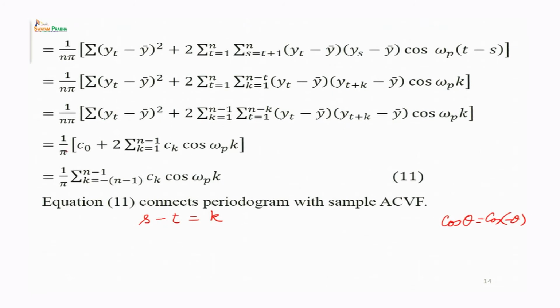So, finally, you obtain 1 upon pi C naught plus twice summation k equal to 1 to n minus 1 C k cos omega p k. You can also write it as 1 upon pi summation k equal to minus n minus 1 up to n minus 1 C k cos omega p k, because you know that C minus k is equal to C k. So, this equation 11 connects the periodogram with the sample autocovariance function.